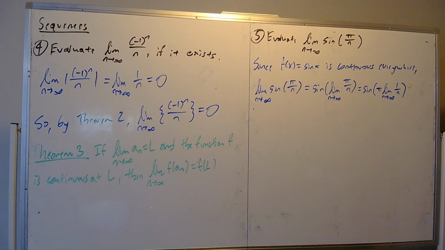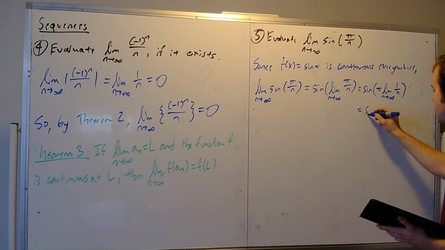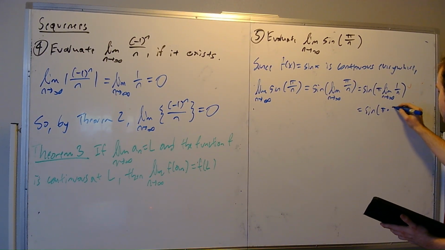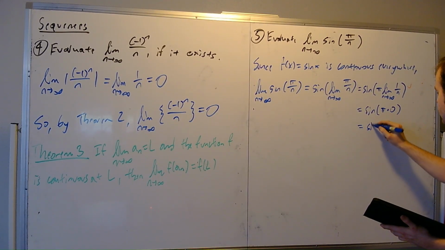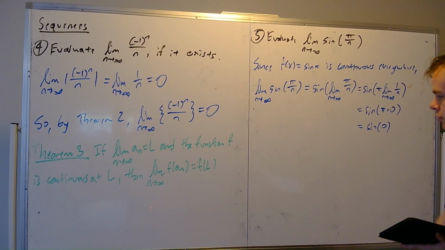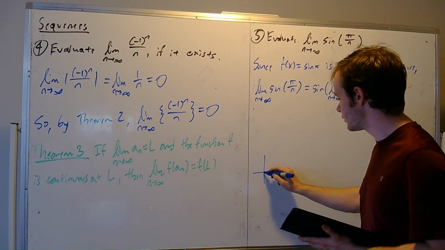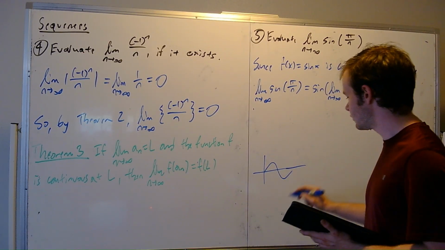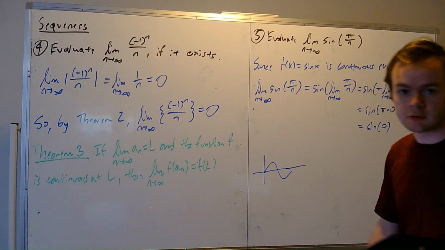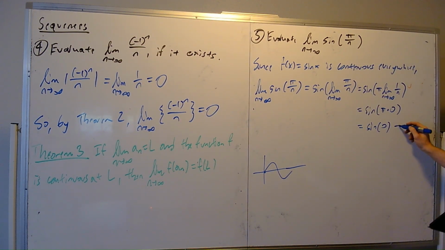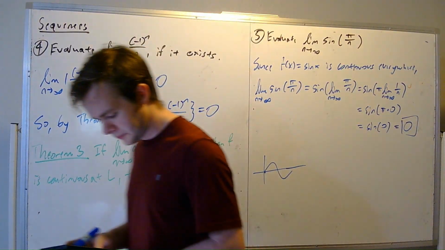Okay, but what did we say this limit on the inside was? We said this was 0, right? So this is going to be sine of pi times 0, which is the sine of 0. And if you remember our graph of sine of x, it looks something like this. And if you take the sine of 0, it's going to be 0. So that's our answer here. Our limit is 0.